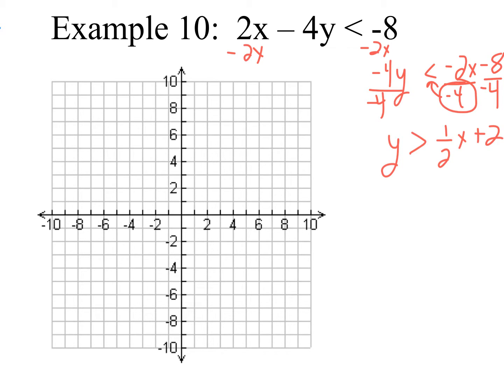So, we're going to go to +2. My slope is 1/2, up 1, over 2. Okay, now, dot or solid line.